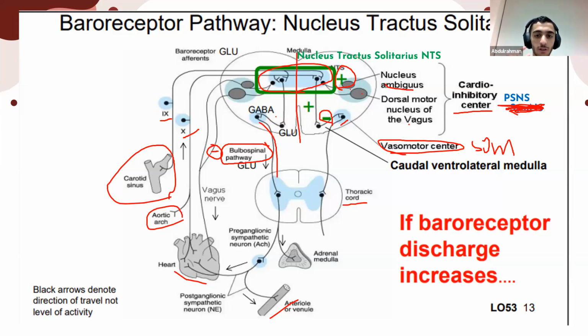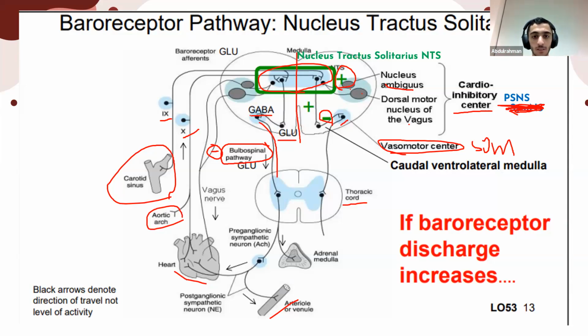And one other point I want to add is that you guys here can see GLU and GABA. These are neurotransmitters. If you remember, in foundation we discussed neurocrine signaling, and this is done by neurotransmitters. The neurotransmitters of the brain and the nervous system are GABA and glutamate.